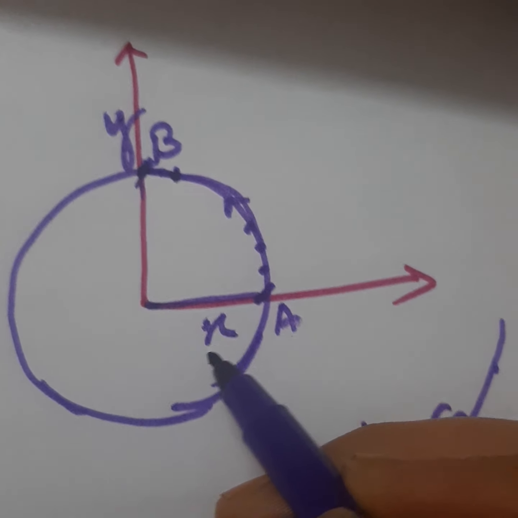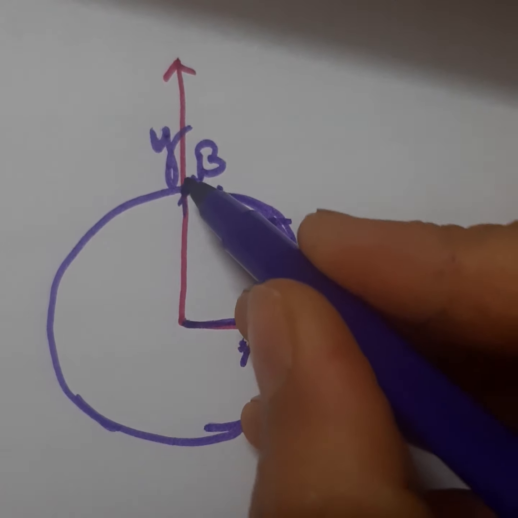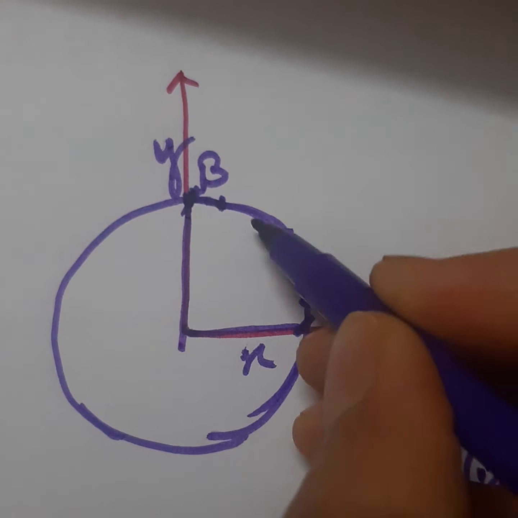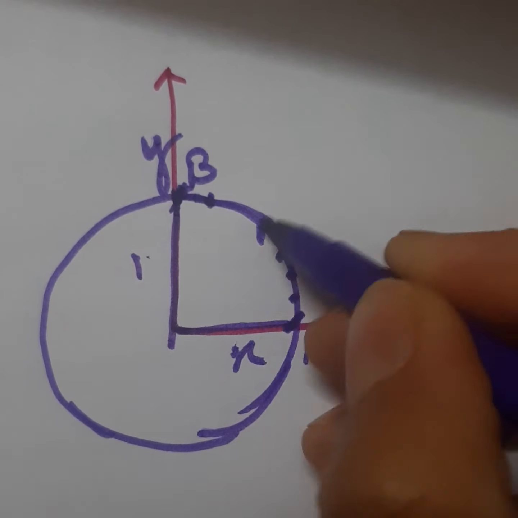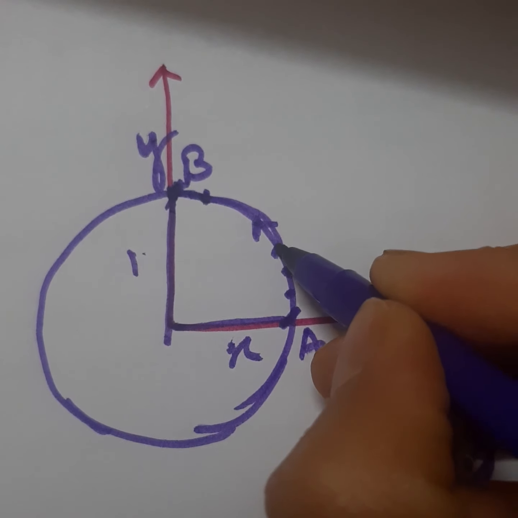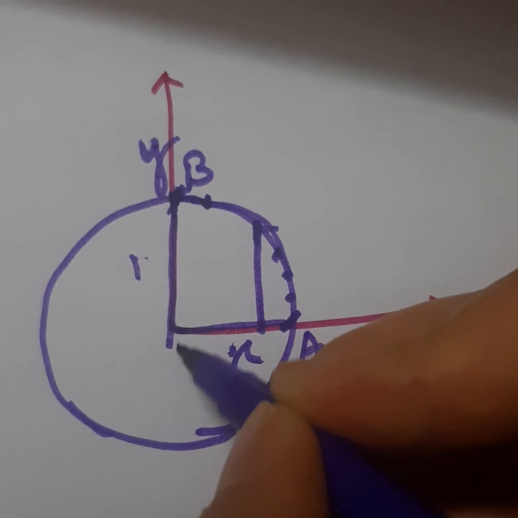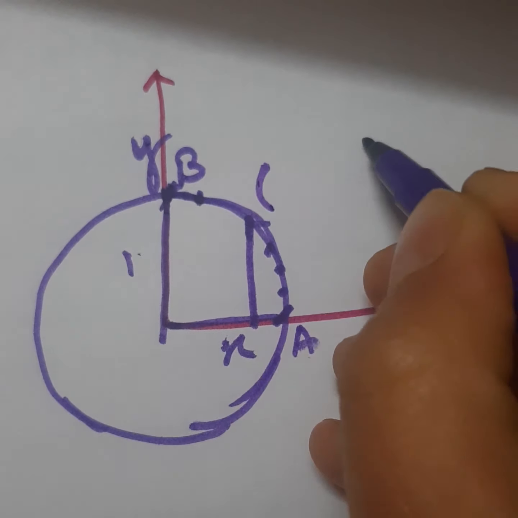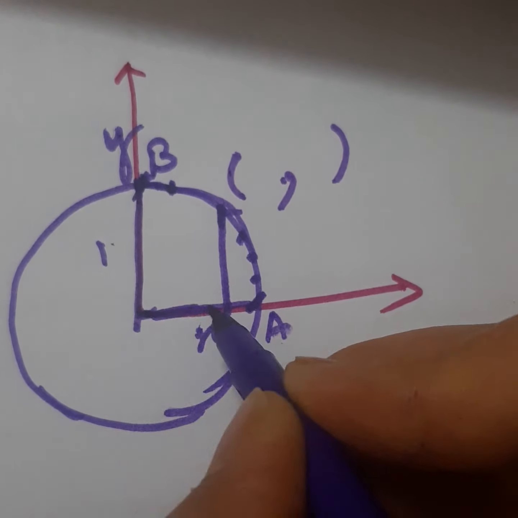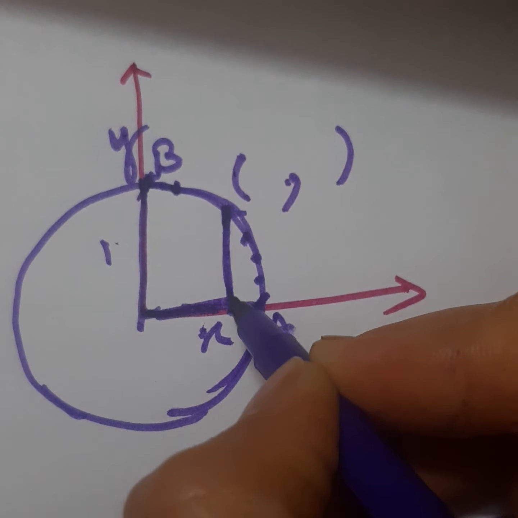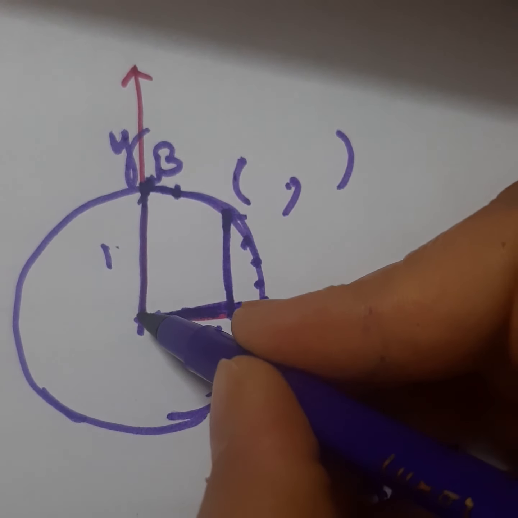What is x? In case of this particular thing, we considered this as 1 unit. So every x coordinate, let's talk about this point. What are the coordinates of this point? The x value and the y value.